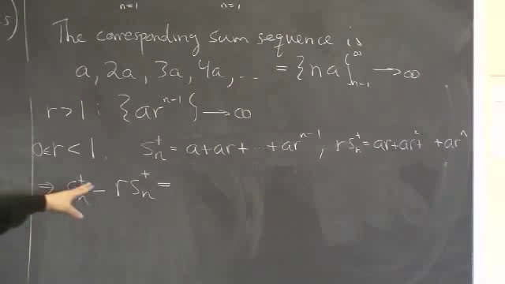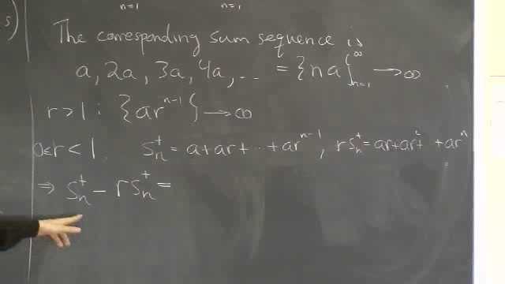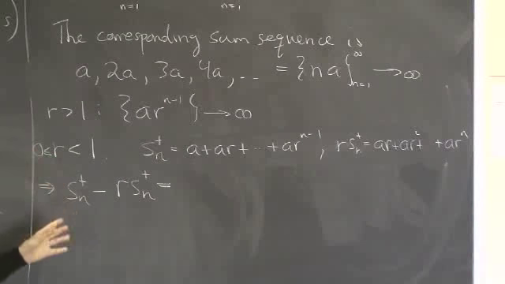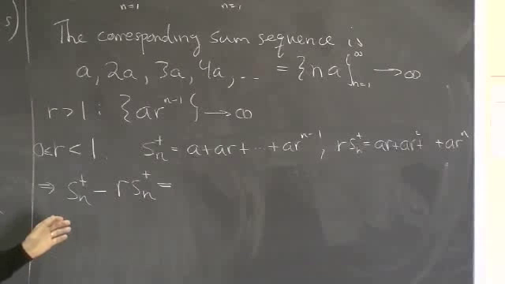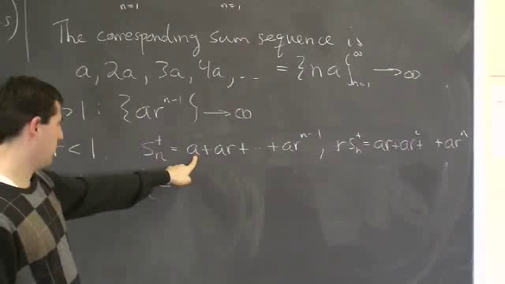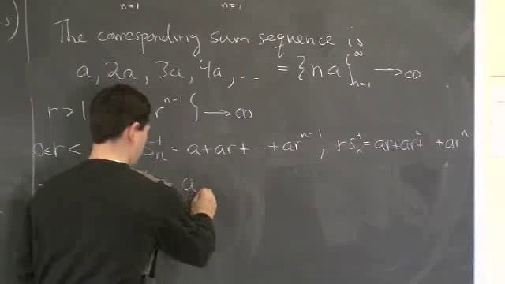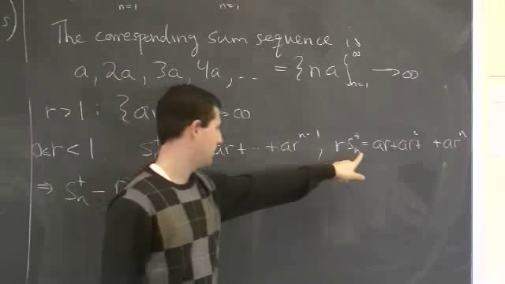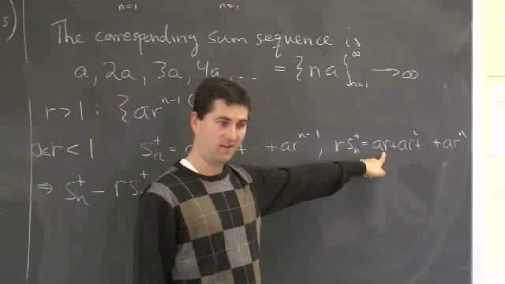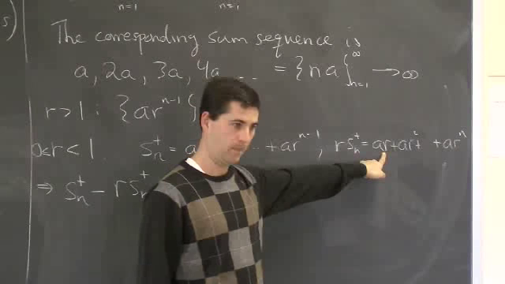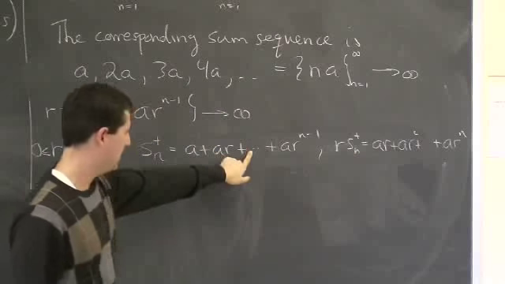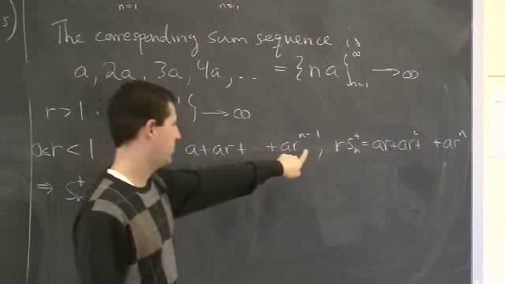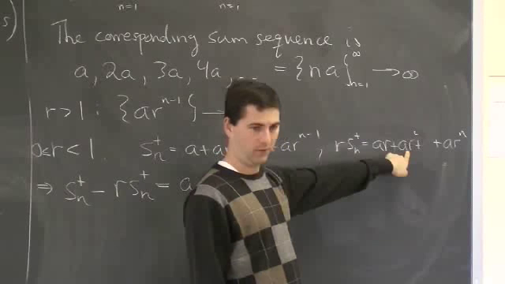Okay, and now I'm going to subtract these two. Now, when I subtract them, something very nice is going to happen. Okay, the first term, a, that's just there. Can't go anywhere. But now look at the next term, ar. When I subtract, I'm going to subtract an ar, so they're going to cancel. The next term would be ar squared, but when I subtract, there's going to be an ar squared over here.